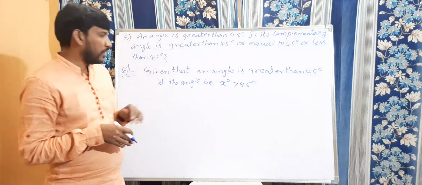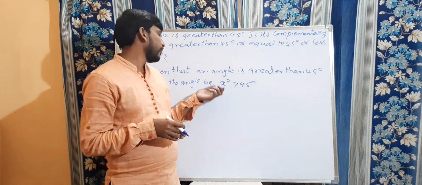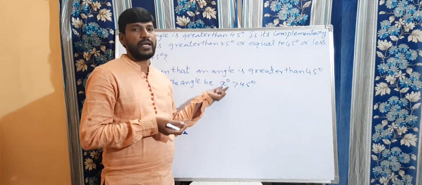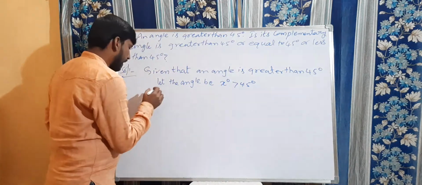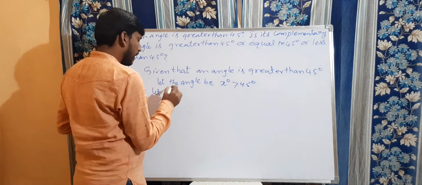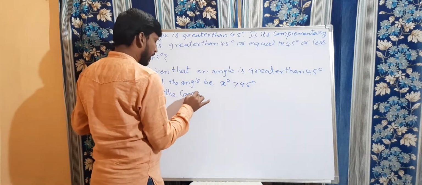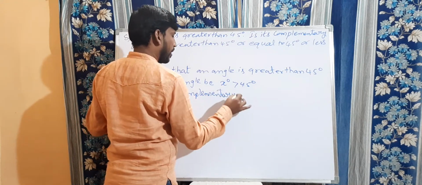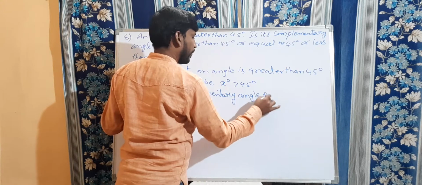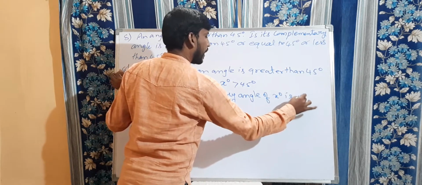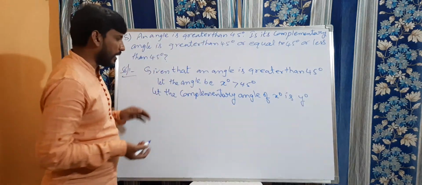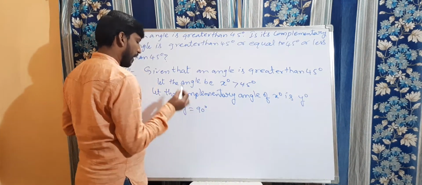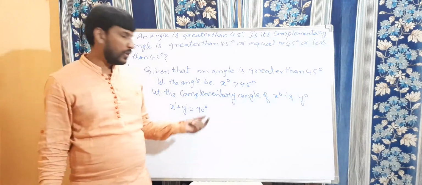The sum of this angle and its complementary angle will become 90 degrees. Let the complementary angle of x degrees be y degrees. So here x plus y is equal to 90 degrees.